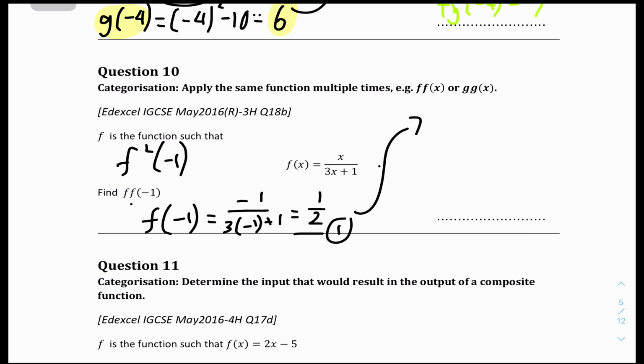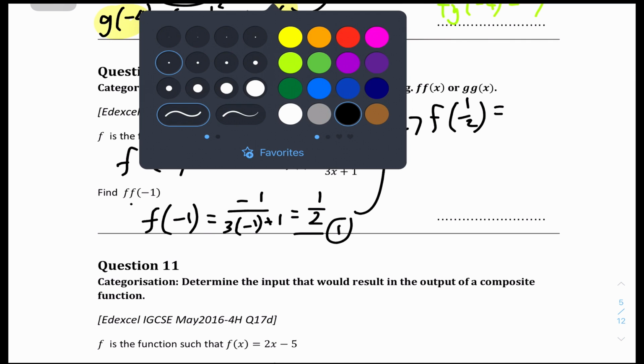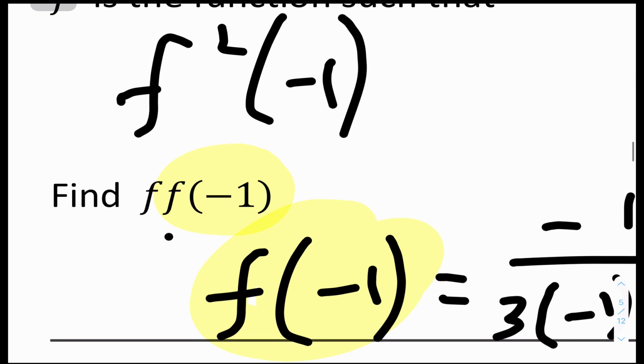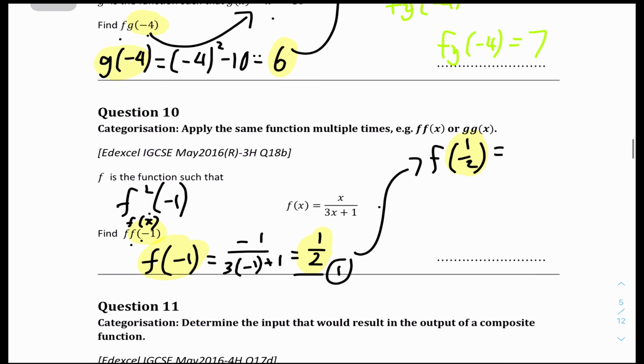Then you have to put the 1 over 2 into the original one. So it will be f of 1 over 2 equals, let's just highlight this to know what I'm talking about. This value is basically f of minus 1, which is the one that's inside. This f of minus 1 would be the x value. If you expand this bracket, it will be 1 over 2 over 3 times 1 over 2 plus 1.